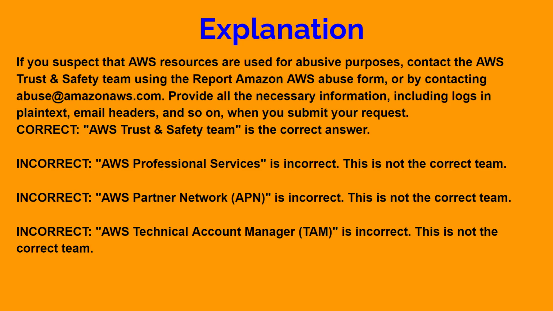AWS Trust and Safety Team is the correct answer. Incorrect. AWS Professional Services is incorrect. This is not the correct team. Incorrect. AWS Partner Network, APN, is incorrect. This is not the correct team. Incorrect. AWS Technical Account Manager, TAM, is incorrect. This is not the correct team.